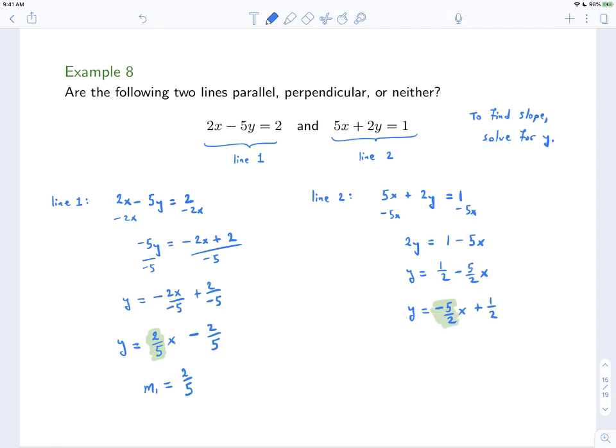Once you solve it for y, you have it in slope-intercept form, so you can simply read off the slope by looking at the coefficient of x. Whatever number you're multiplying by x, that's your m, that's your slope. In this case, it's the slope for line 2, so it's m2.